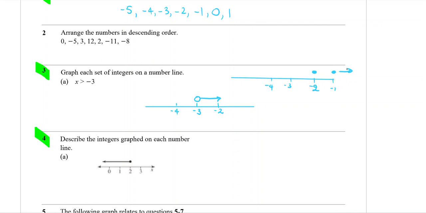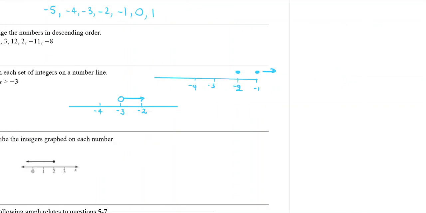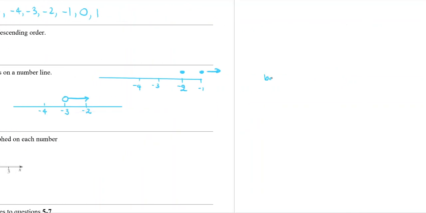When we did, so we did things like, can you graph between, say, -1 and 3. And then on your number line, you show the -1 and the 3. Let's do the numbers in between. So 0, 1, 2. Between doesn't include, so I'd have a dot at the 0, 1, and the 2.